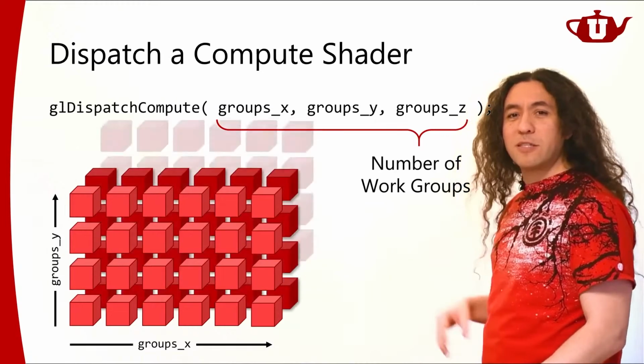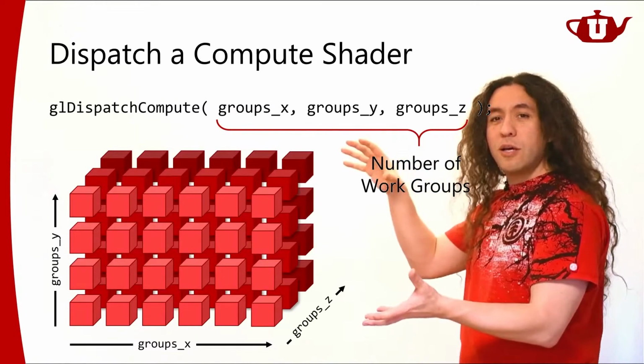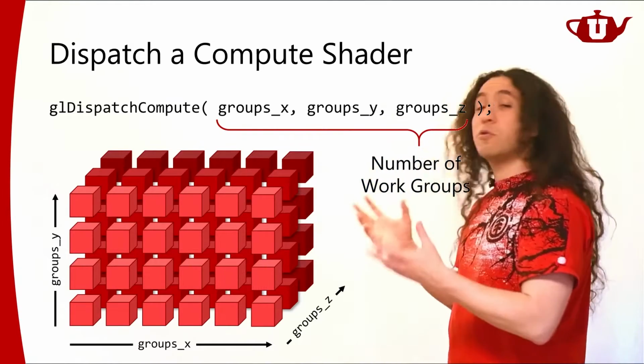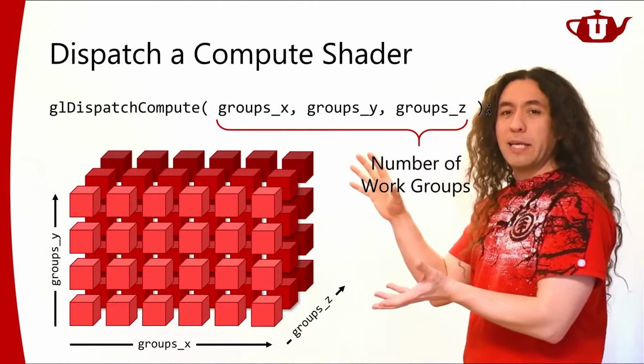And I can have some dimension in Z. So this could be my entire computation work group distribution.